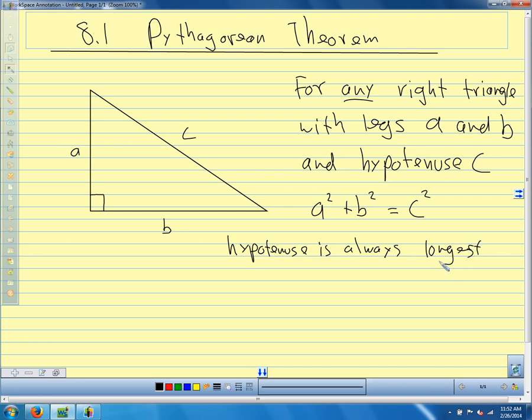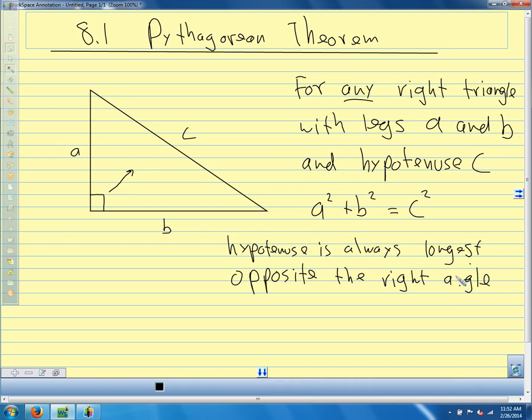And the other way we can remember where the hypotenuse is: it is opposite the right angle, so across the triangle from the right angle. This is true for any right triangle.